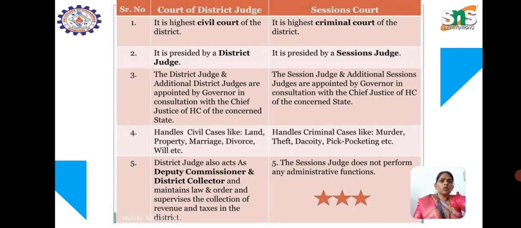The court of the district judge and the session court: the district court is the high level civil court of the district and is presided over by the district judge, whereas the high level criminal court is the session court, presided over by the session judge. The district judge handles all civil cases like land, property, marriage, divorce and will, whereas criminal cases like murder, theft and pickpocketing are handled in session courts.